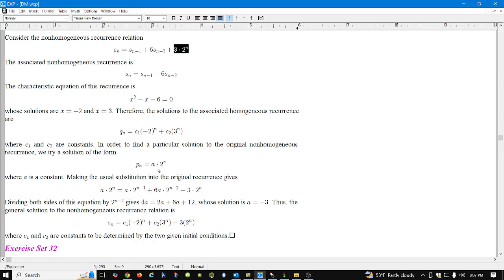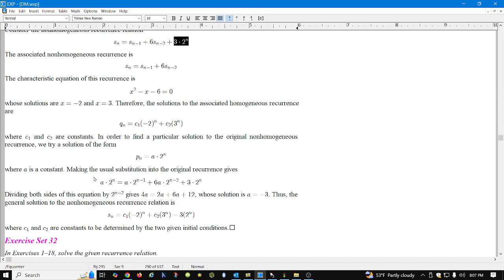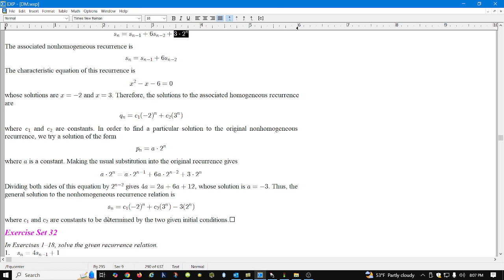And we will try something of this form, a times 2 to the n. Substitute into the original recurrence, divide both sides by 2 to the n minus 2. We'll get this equation, a equals -3. So this is the general solution.